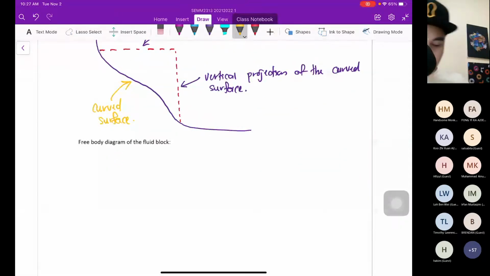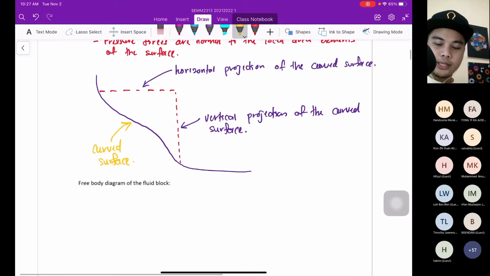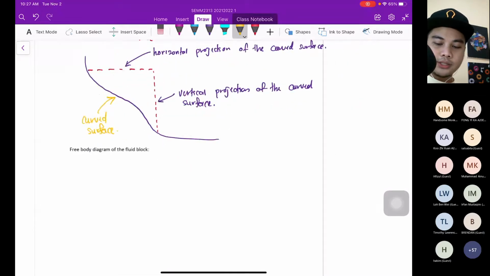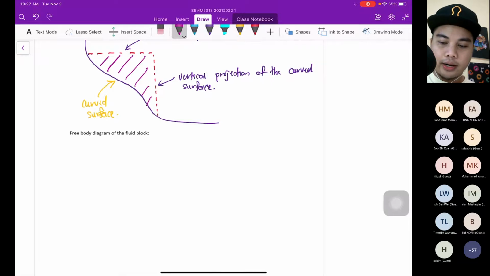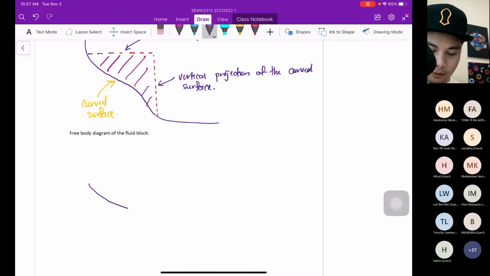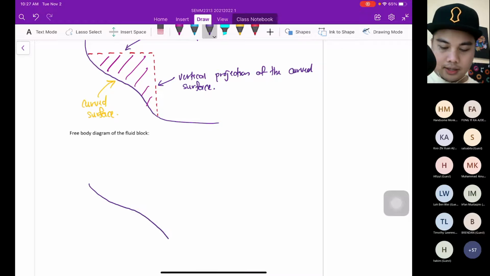So from here, let's draw the free body diagram of the fluid block. Let's say we take out only this portion. We take out outside, we only consider this portion only. We take out, and then we draw the free body diagram.